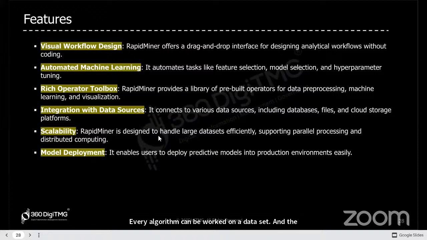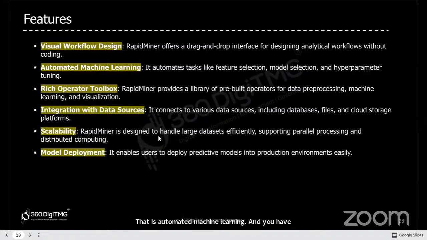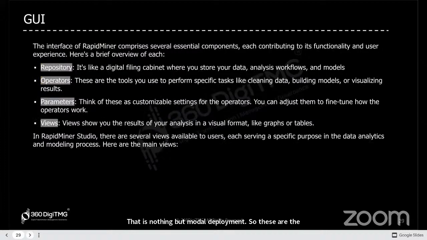That is automated machine learning. You have a separate operator for each and every task. That is what the rich operator toolbox means. We can connect with multiple types of data sources. That is integration with data sources. We can handle larger data sets, which is scalability. And we can also deploy predictive models using RapidMiner. That is model deployment. So these are the various features present, and we will see what is present next.